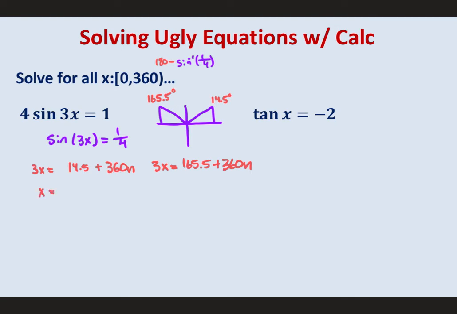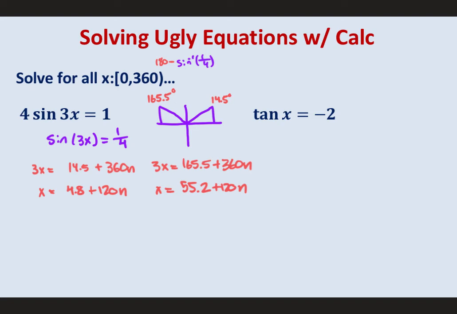So I'll say x equals 4.8 plus 120n, and I'll do 165.5 divided by 3 as well, and I will get x equals 55.2 plus 120n. All right, so I have my 2 formulas to help me start generating all my answers.